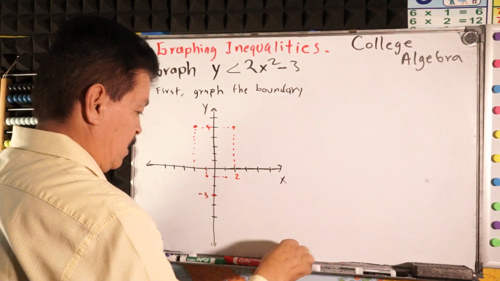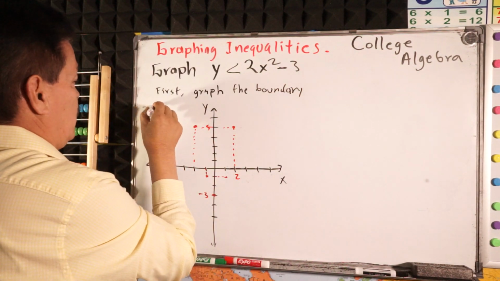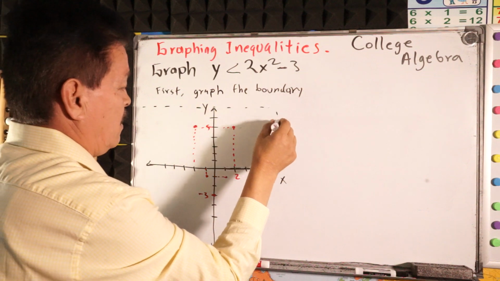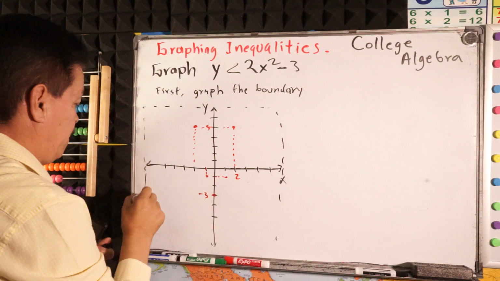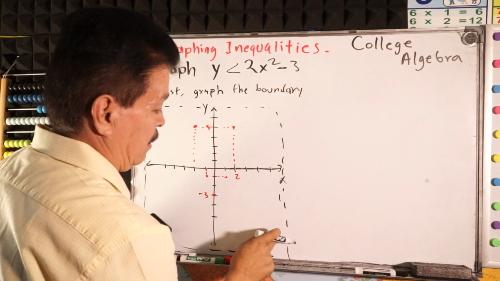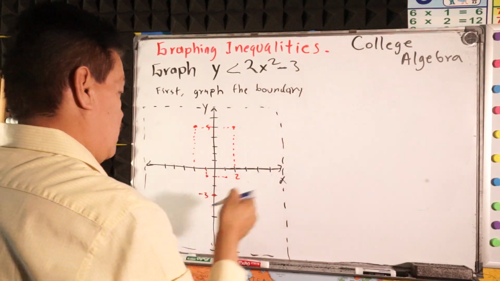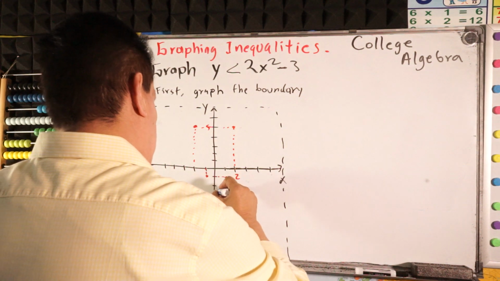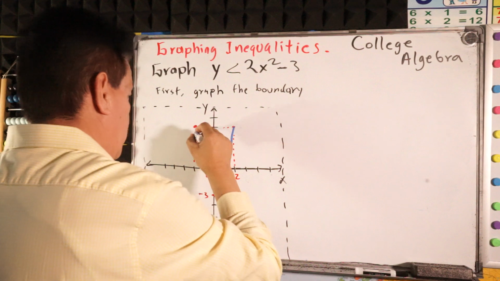The graph is over here. I need to make a little square right here, this space for the graph, because I color in the graph. So the graph is running right here.